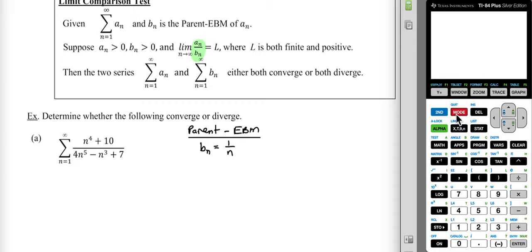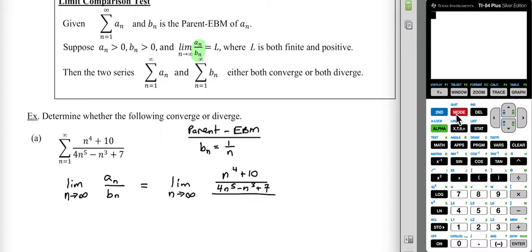to b sub n. We're going to find the limit as n approaches infinity of a sub n over b sub n. All right, so it's the limit as n approaches infinity of n to the fourth plus 10 over 4n to the fifth minus n to the third plus 7, over 1 over n.